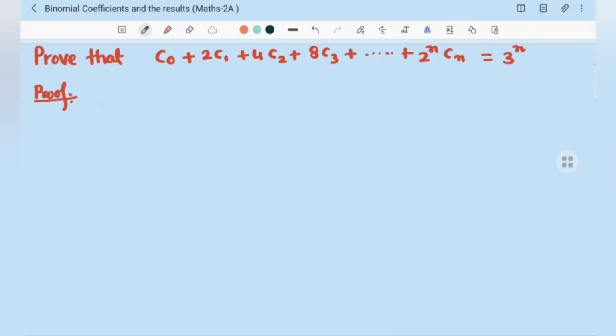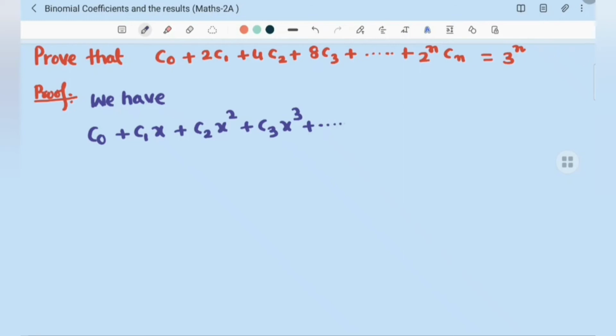We already know that we have the condition C0 plus C1x plus C2x square plus C3x cube plus and so on Cnx power n is equal to 1 plus x whole power n. Put that equation number 1.